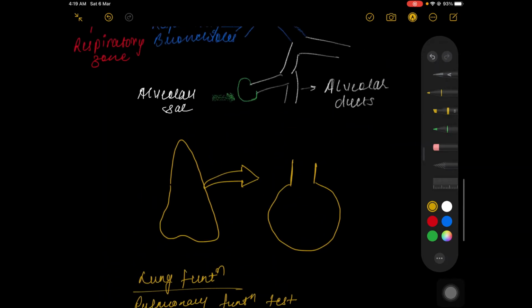Okay, now suppose this is the alveolus. In this video I will talk about the lung volume using the alveolus as an example, just as a concept for better understanding of the difference in the lung volumes.